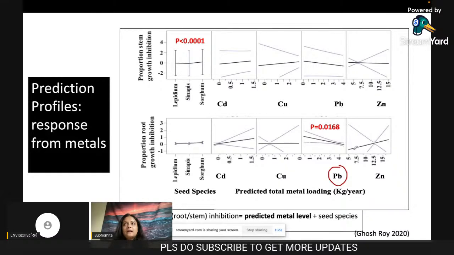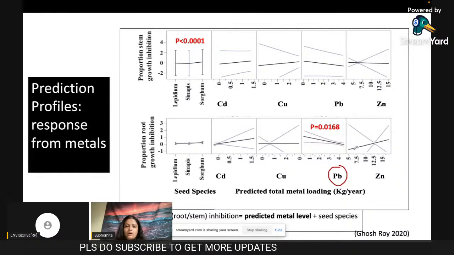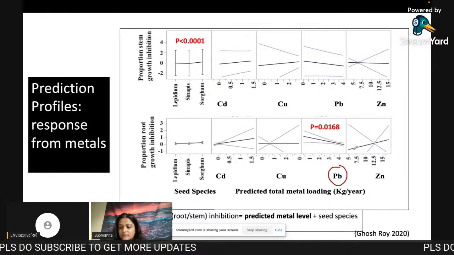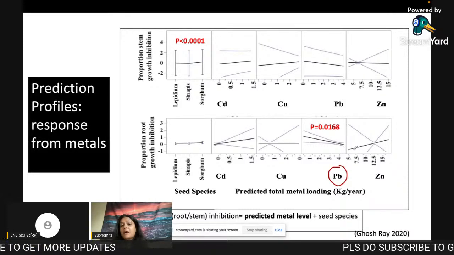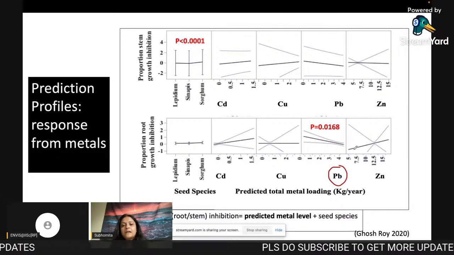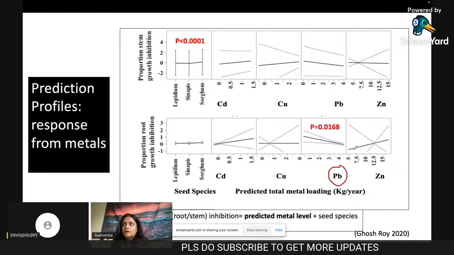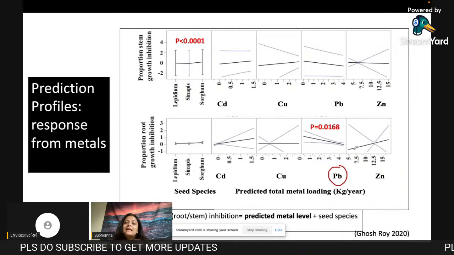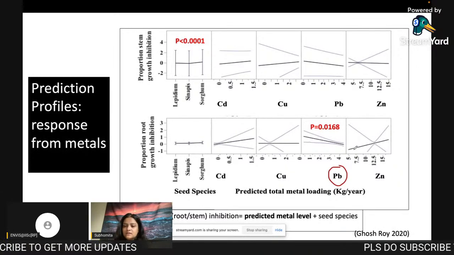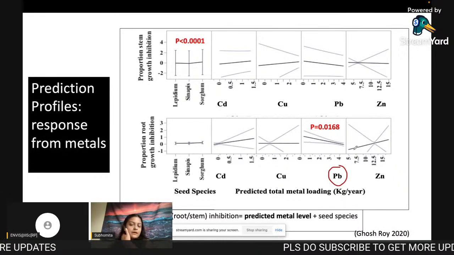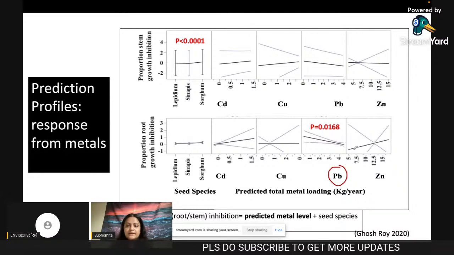It also means there is a possibility that when we actually go out and sample sediments from this ecosystem, we might see that lead is probably accumulated in these plant tissues. So that's what we would probably find out in the field study.